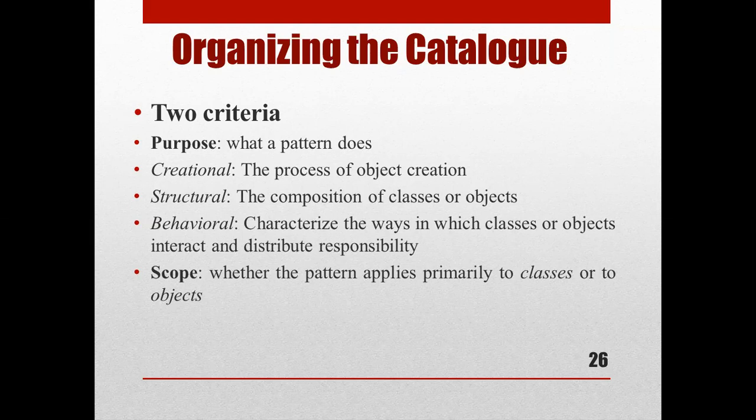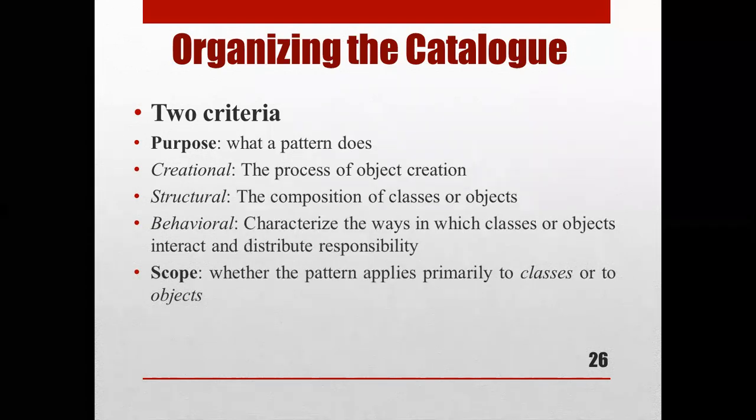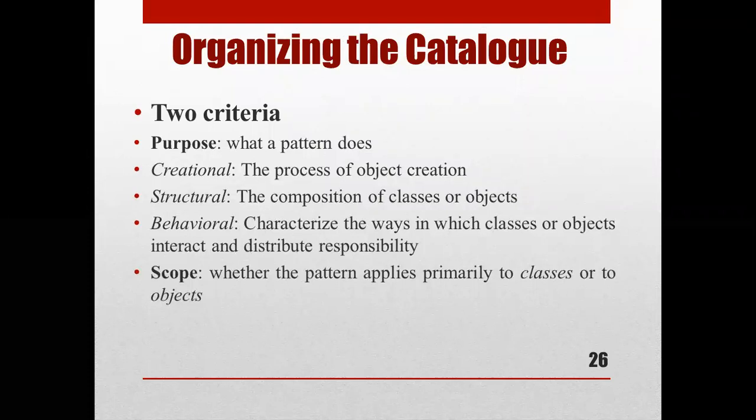And then what is the purpose of a structural pattern? The composition of classes or objects. Okay, then in behavioral, the purpose of a behavioral pattern is that it characterizes the ways in which classes or objects interact and distribute their responsibilities. Here in behavioral patterns, classes and objects interact with each other and distribute their responsibilities.